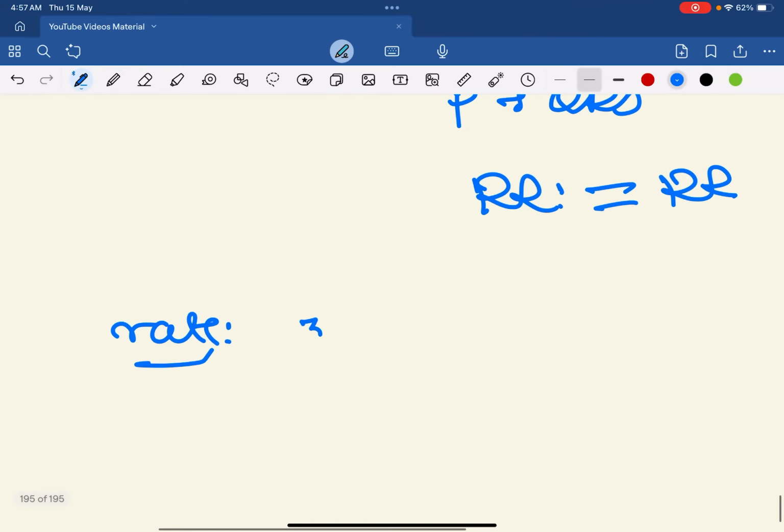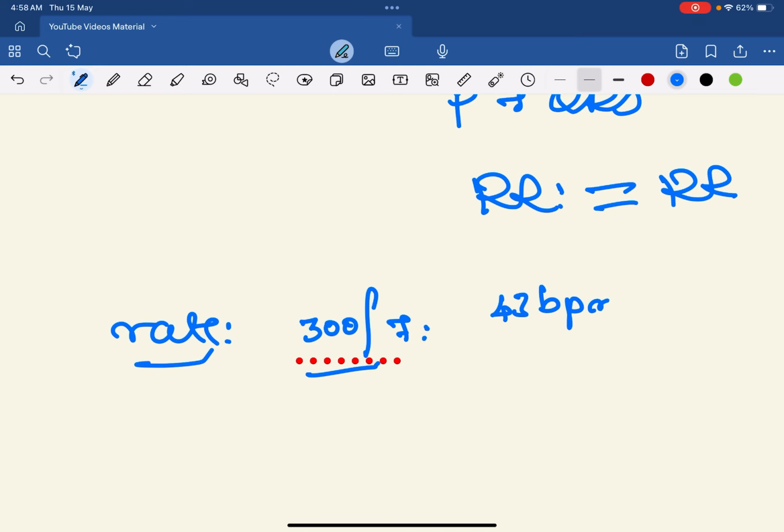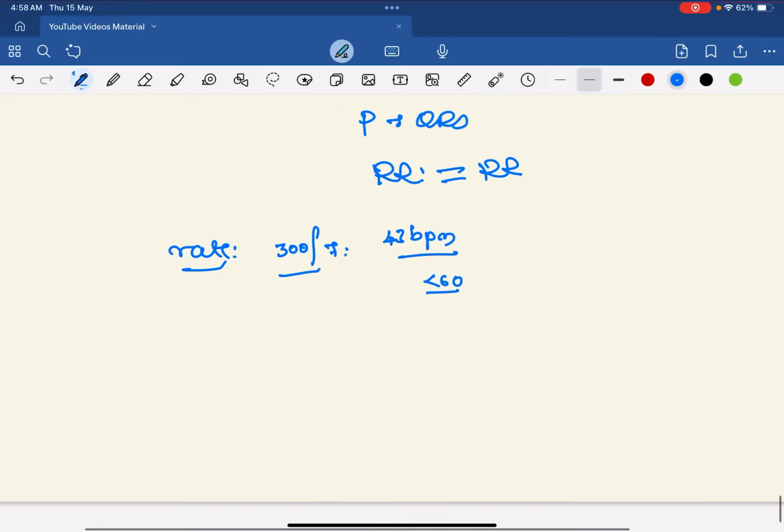So you divide 300 by the number of big boxes between two R waves. 300 divided by 7 comes to around 43. So it's around 43 beats per minute, definitely less than 60. So it is definitely bradycardia. One significant abnormality we got in this ECG is bradycardia.